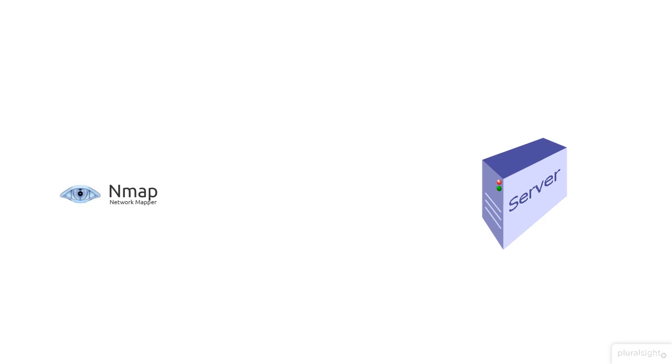The universal port mapping tool Nmap relies on active stack fingerprinting. Specially crafted packets are sent to the target system, and the response of the operating system to those packets allows Nmap to identify the operating system.